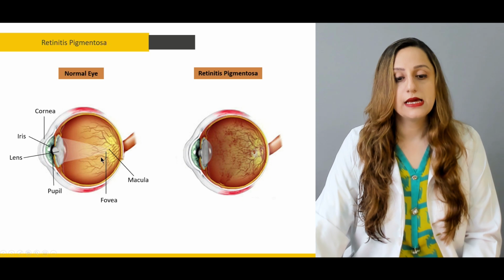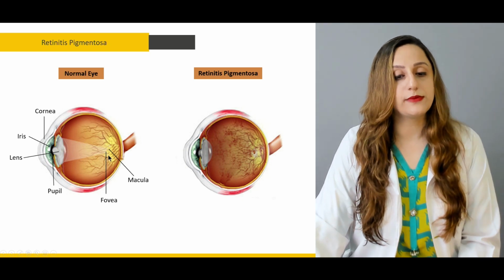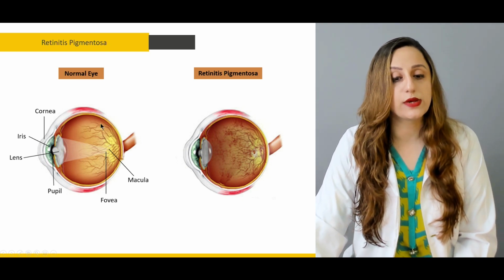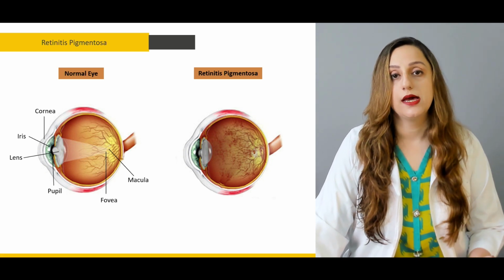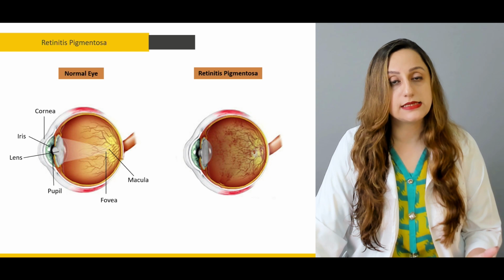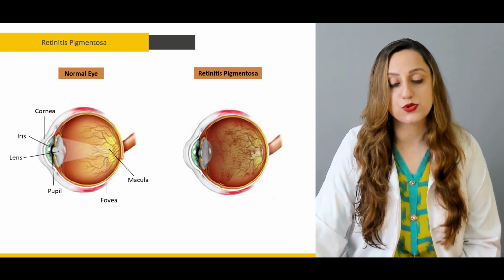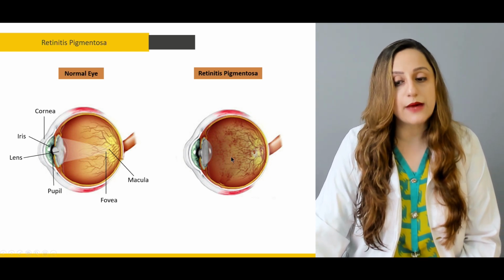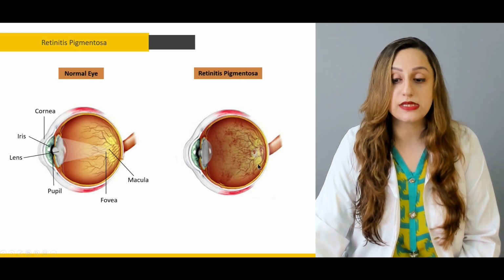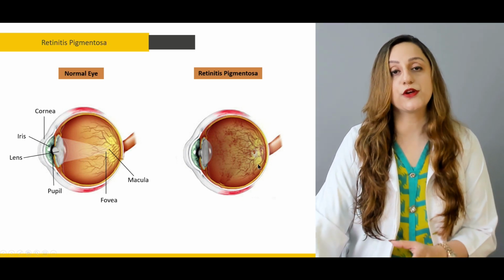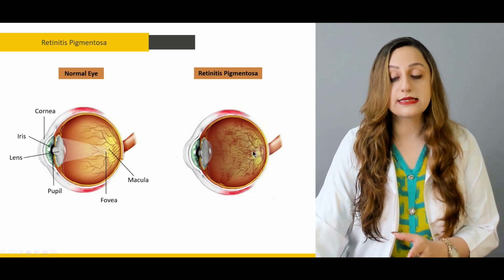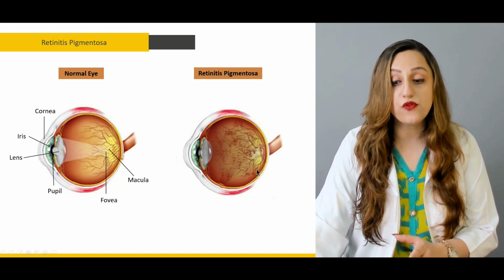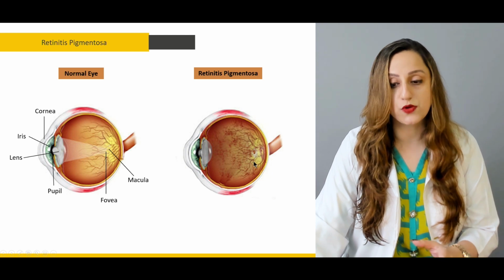This portion is known as the posterior pole of the retina, in which we are going to find the different abnormalities related to retinitis pigmentosa. If there are any abnormalities, as you can compare with the eye suffering from retinitis pigmentosa, the mottled appearance is quite visible here. The neovascularization is quite visible here.